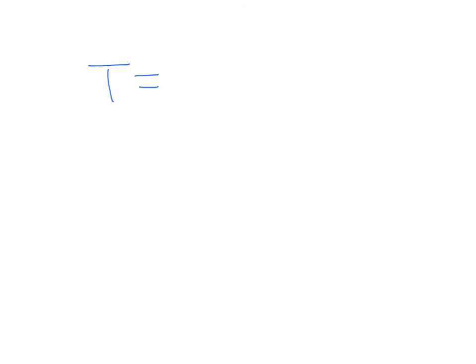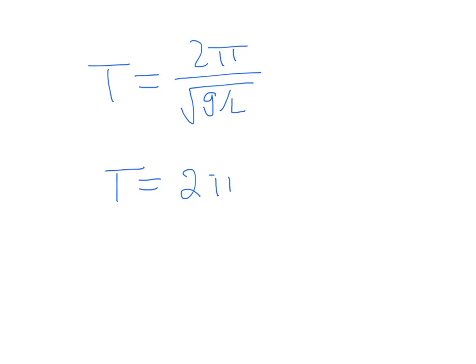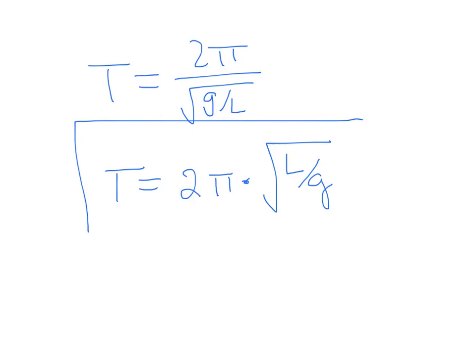T equals 2 pi over the square root of g over L. Well, in keep, change, flip world, this is just going to be 2 pi times the square root of L over g. Take a look at that.